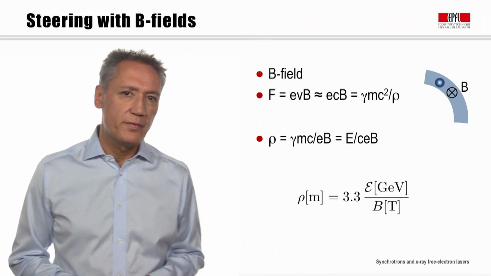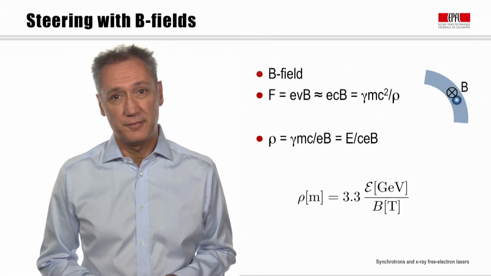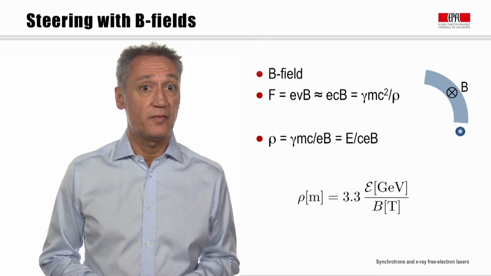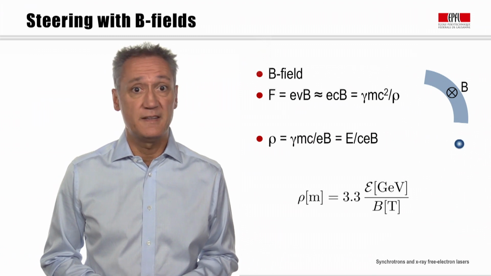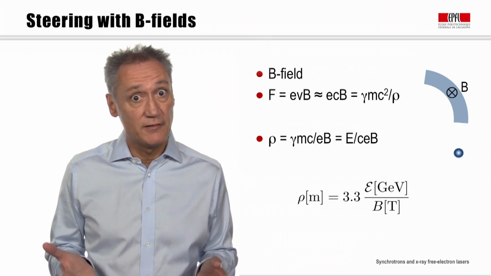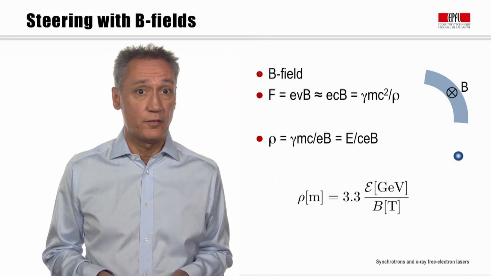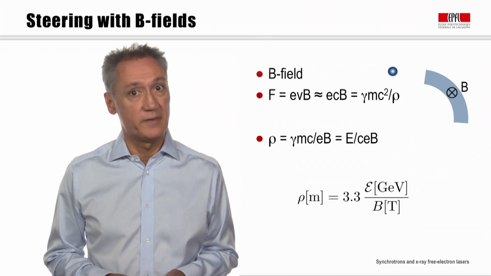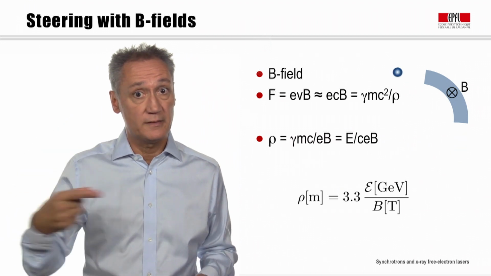This now leaves us with the Lorentz force of magnetic fields. In the last video, we established that this is equal to evB, or for our highly relativistic electrons within the storage ring, approximately ecB, assuming that the magnetic field points perpendicular to the electron's motion.